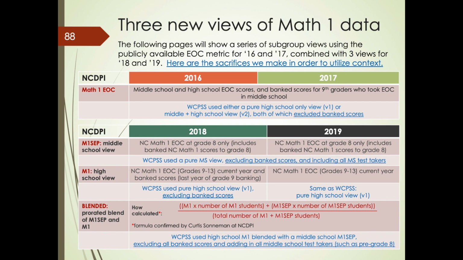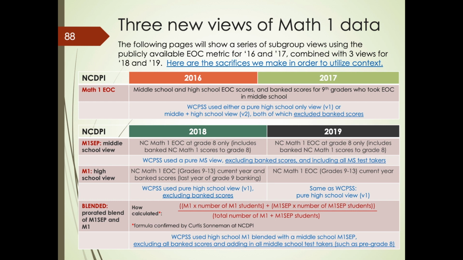So if we go to 2018 and 19, now NCDPI has broken the Math 1 reporting into two new numbers, M1 SEP and M1, and then we can calculate a third view, which is a blended version of that. So what's going on here is M1 SEP is the Math 1 EOC at 8th grade only. That'll include any banked Math 1 EOC scores to 8th grade.